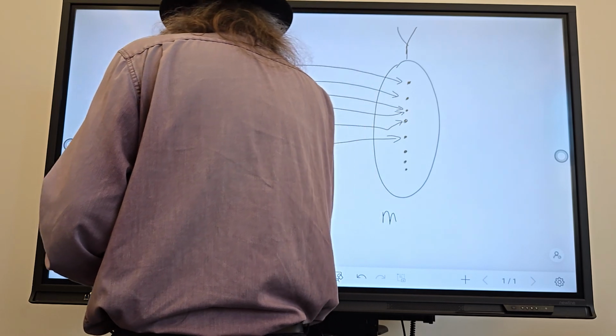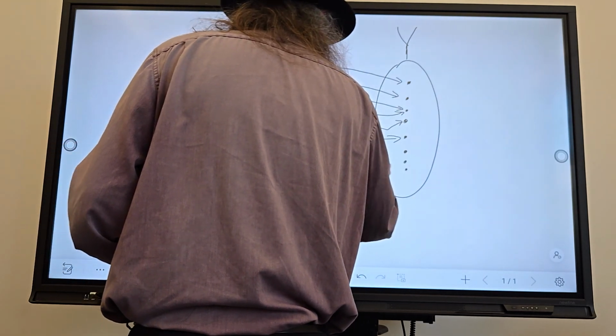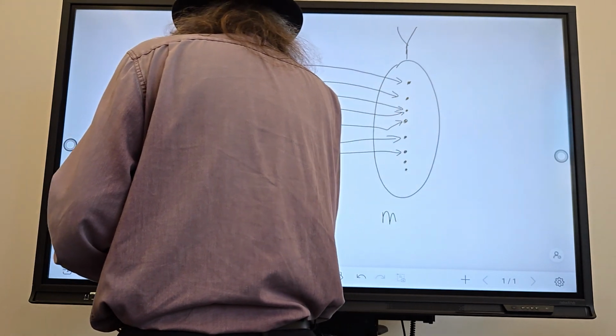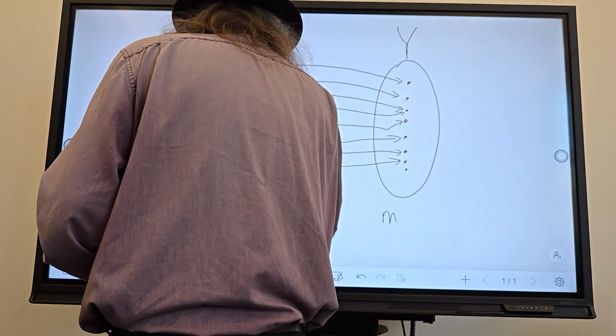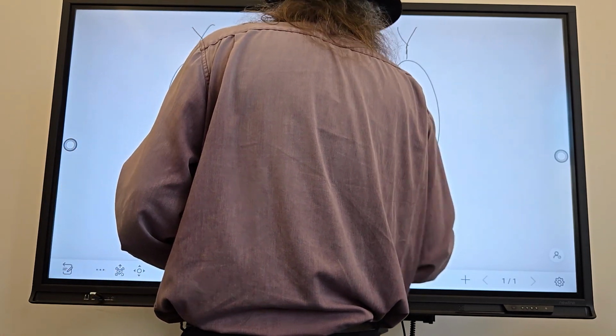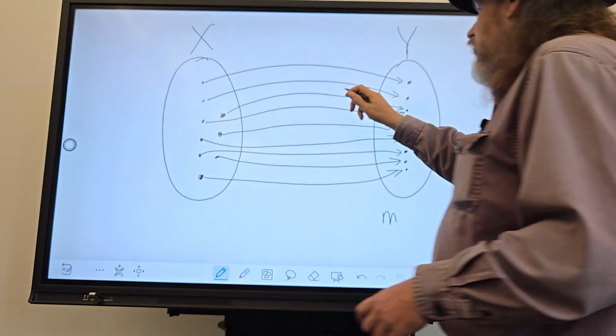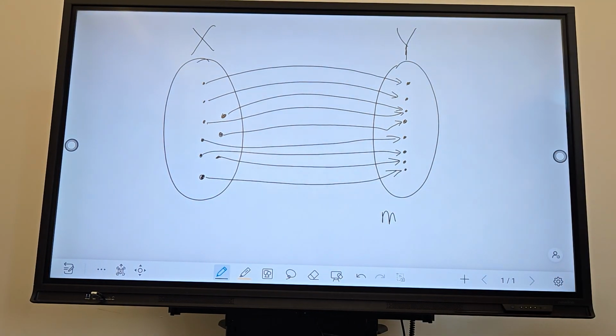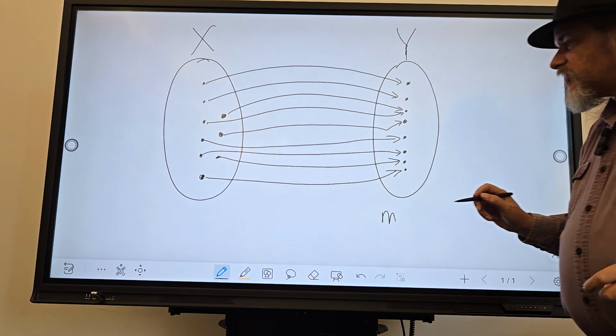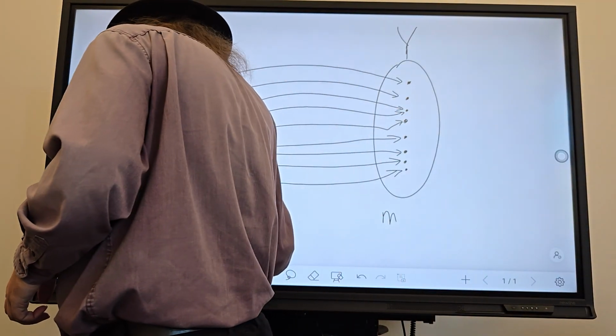You have an element with 2 values of X mapping to Y. And this is n number of elements.